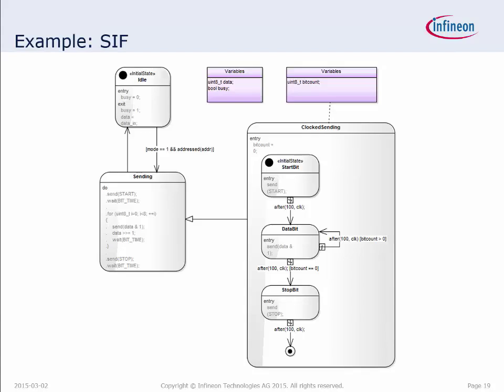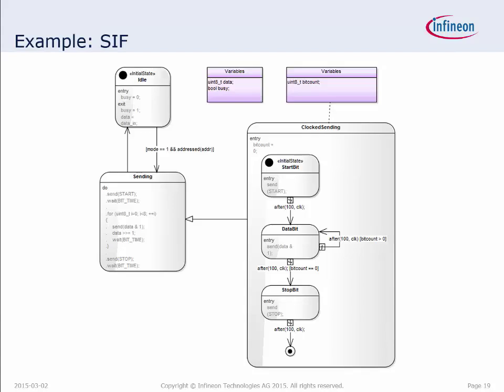Let's forget first about the right part here. The left part is just a serial interface, like a TX state machine. You receive data, somebody writes data from the core, from the CPU, to your transmit register, then the state machine is triggered and you want to write the data to the output.